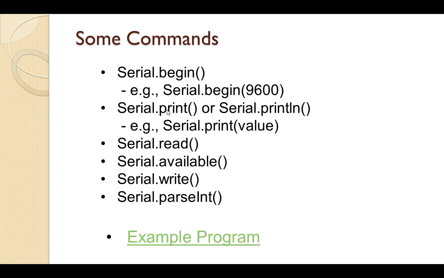You have to provide the value, what you are sending, whether it is a value or a string. Serial.read is to read the data from the serial port. Serial.available is to check whether any data is available in the serial buffer.